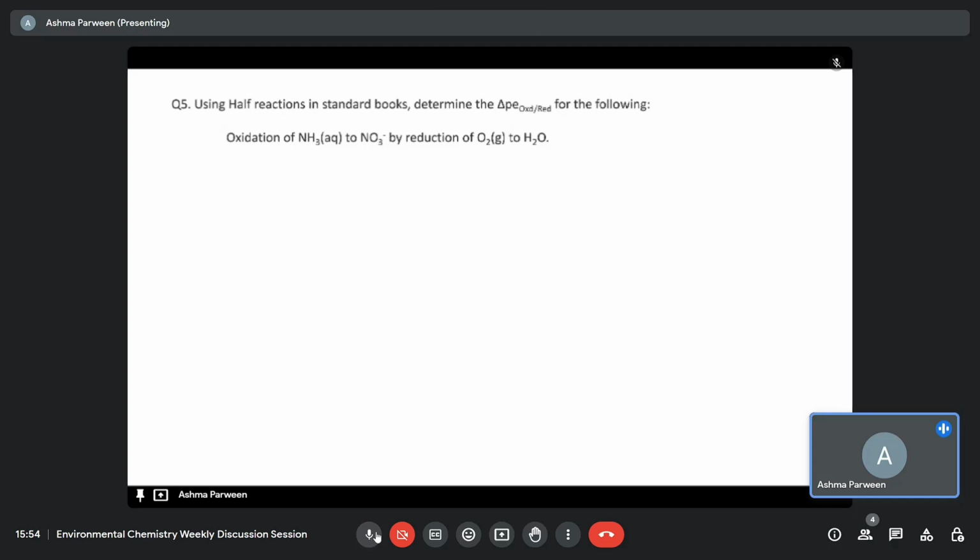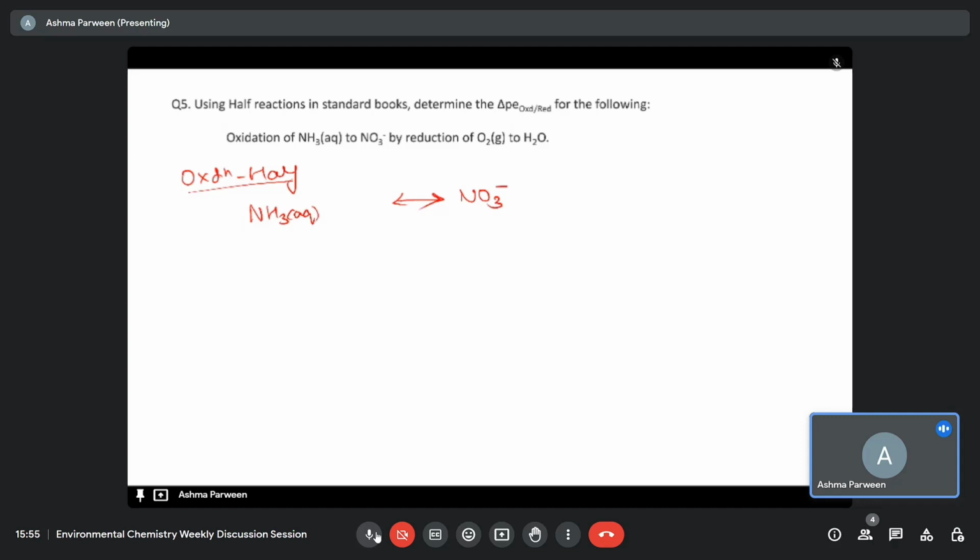Okay, let's first balance the reactions. First is the oxidation of ammonia aqueous to nitrate. So let's write the oxidation half cell reaction. Ammonia aqueous is forming nitrate ion.